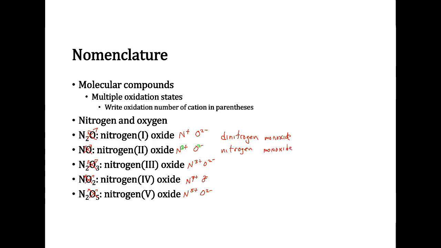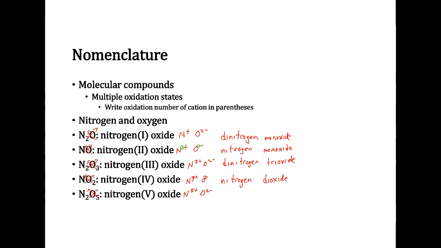The third compound, N2O3, we would name dinitrogen trioxide. The fourth compound, NO2, it would just be nitrogen. We don't call it mononitrogen. It should be nitrogen dioxide.